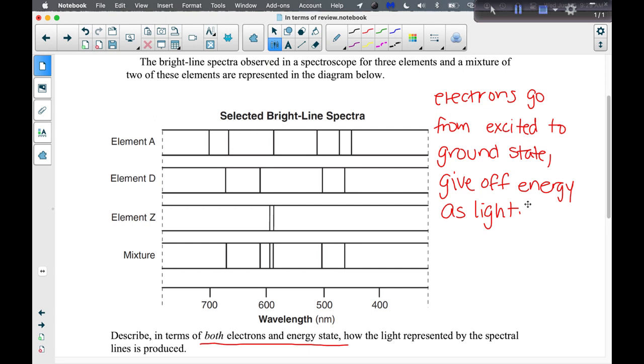A lot of times these "in terms of" questions are repeated, which is why I like to go over these, because going over them will help you get some extra points for Part 2.